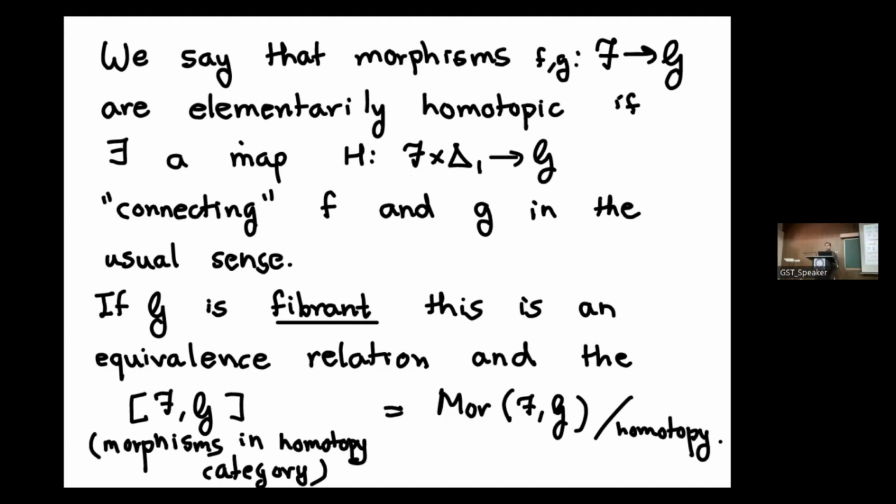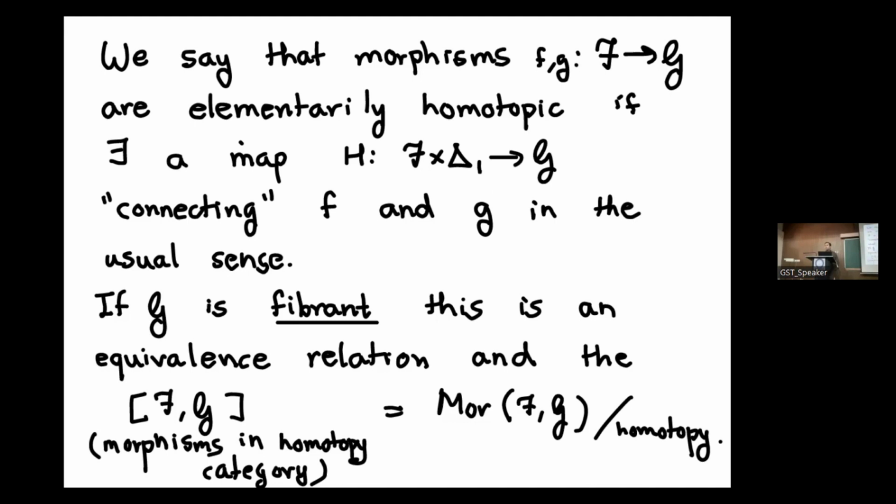Actually, even symmetry will not be satisfied, but also, more importantly, transitivity will fail. And so you may want to look at the equivalence relation generated by it, but actually if you take G to be fibrant, then it automatically becomes an equivalence relation.